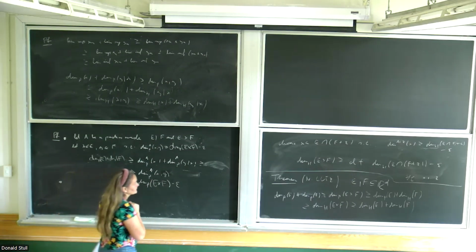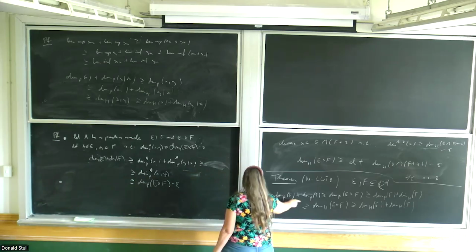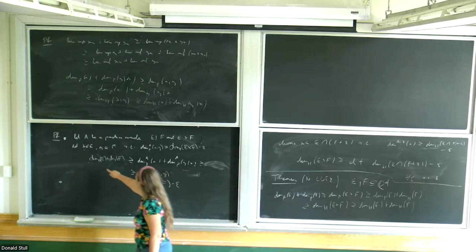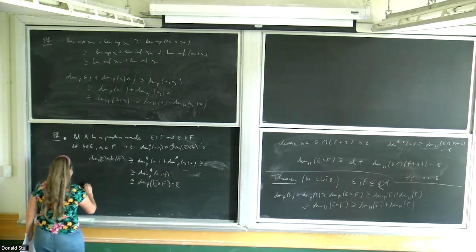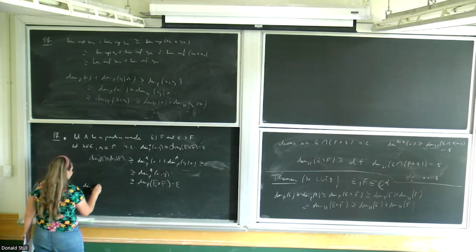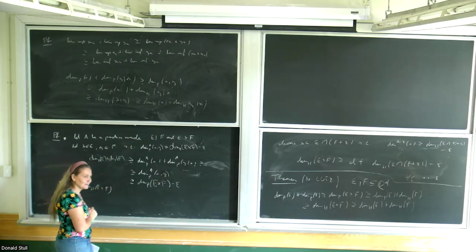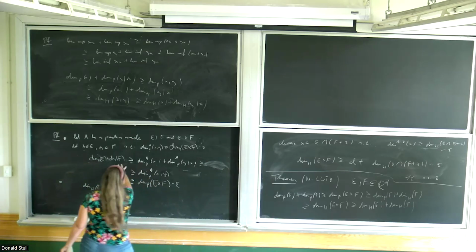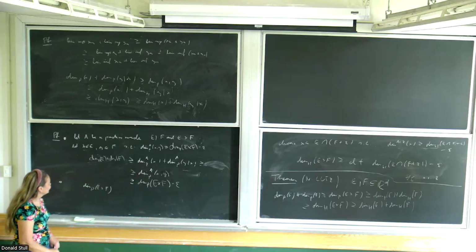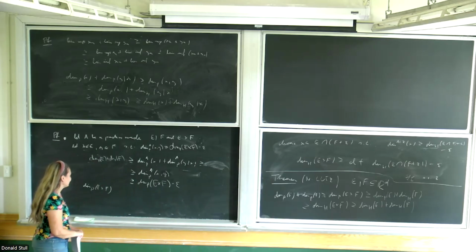In the first one, I started with the left-hand side. Again, I start with the left-hand side of the inequality. I'm looking at the packing dimension of the product. I'm copying this proof. Now this is larger than something.